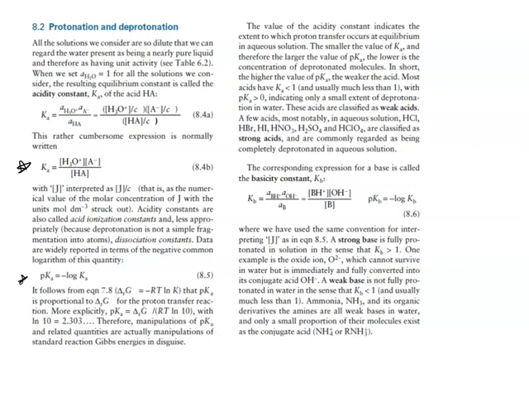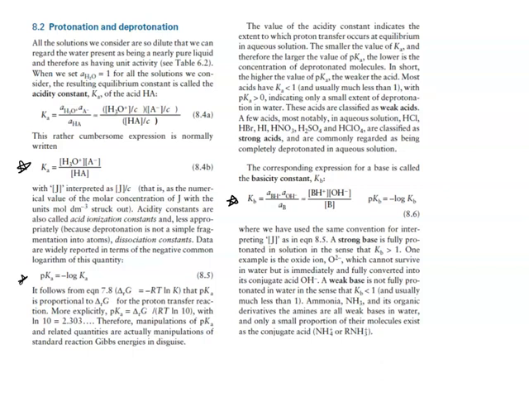The corresponding expression for a base is called the basicity constant, or K sub B. So K sub B has an analogous sequence of relationships where the concentration of the conjugate acid of that base times the concentration of hydroxide over the concentration of the base is our basicity constant, K sub B, and we can express that as a log base 10, where pKb equals the negative log of Kb.